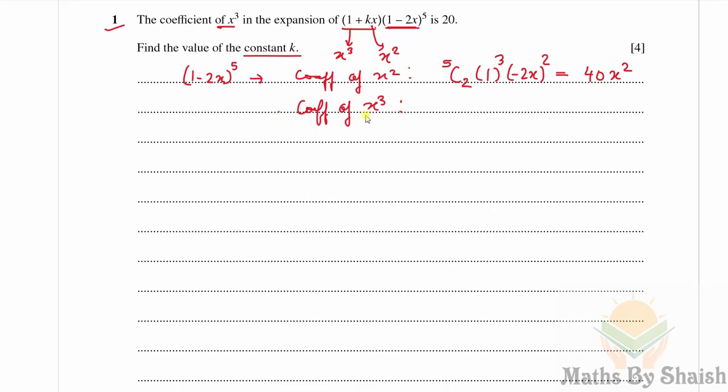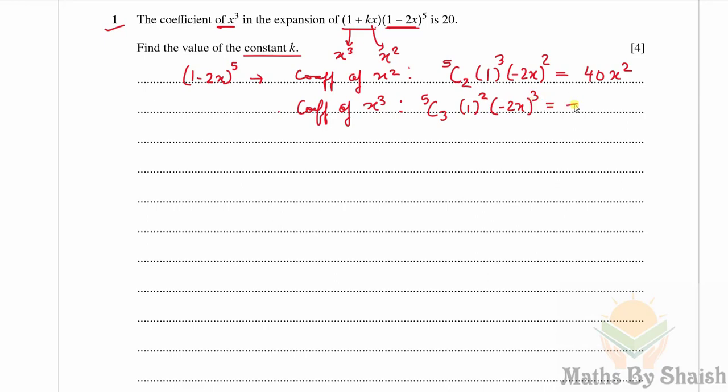And for the coefficient of x cube, this is going to be the fourth term, so 5C3, 1 to the power 5 minus 3, that is 2, and (-2x) to the power 3, which gives 5C3.